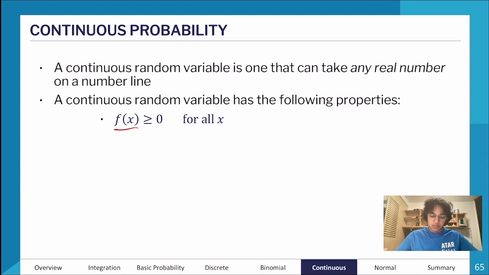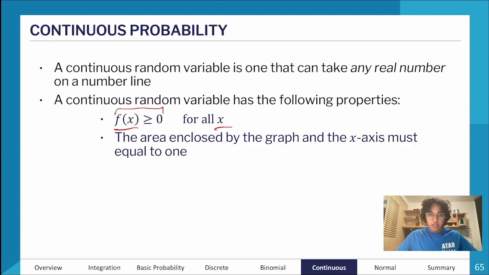What this simply says is that the probability must be greater than 0 for all x possibilities, which is just stock standard for probability. The area enclosed by the graph and the x-axis must be equal to 1.